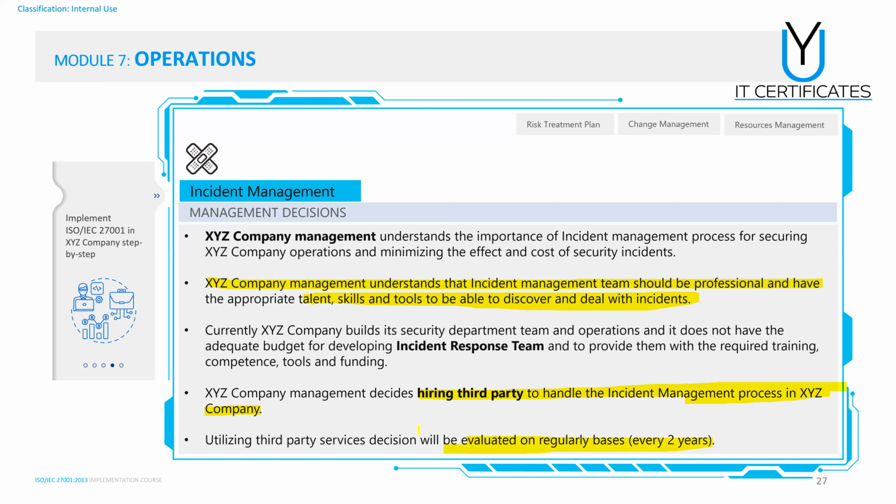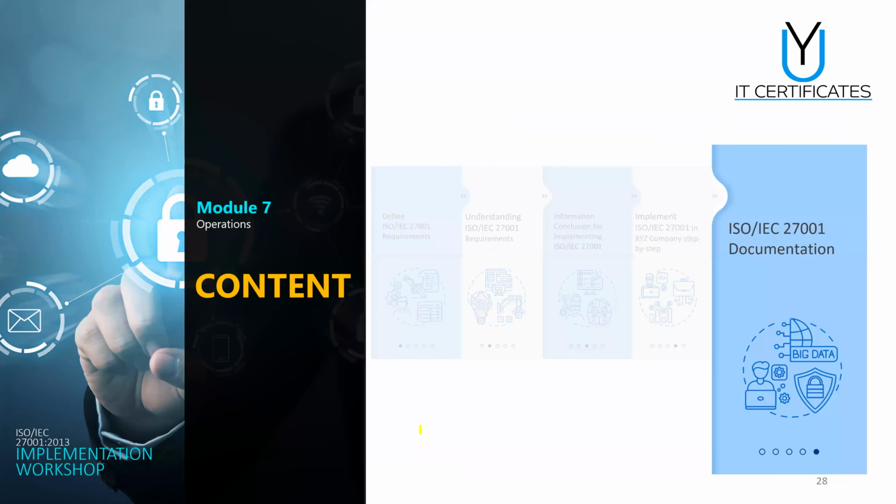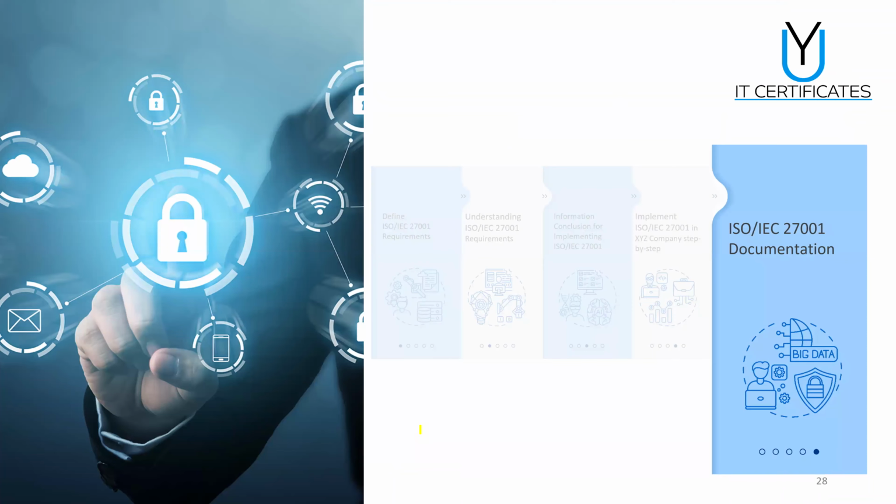If they find that they have enough experience where we can implement the incident management on site, this will be great, and we will terminate the contract and have it on site. If not, then they will continue with the third party.